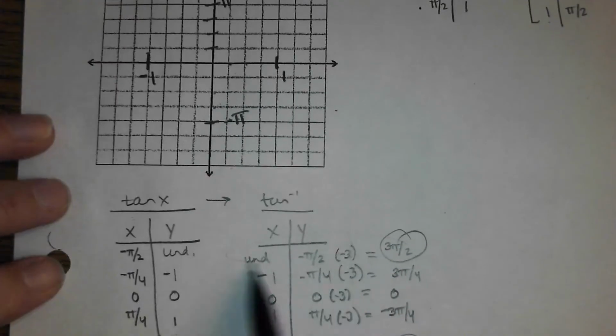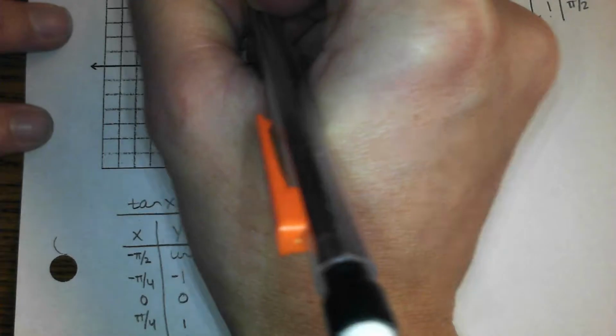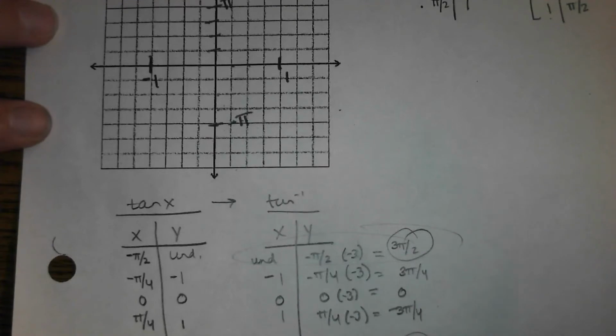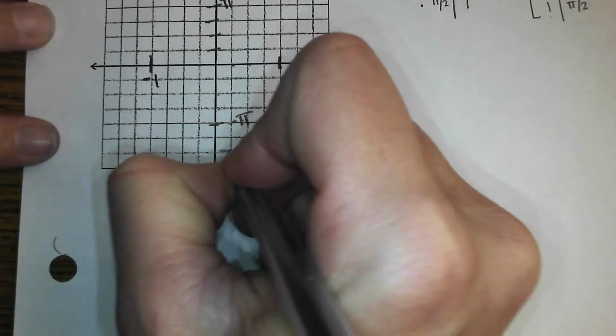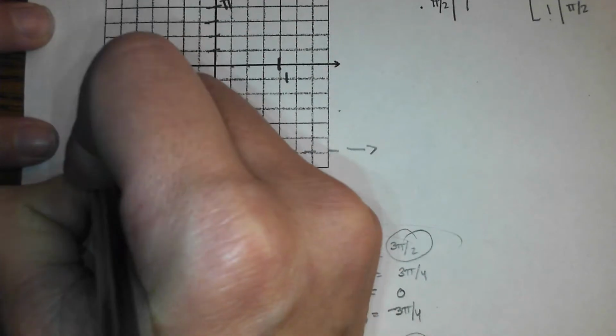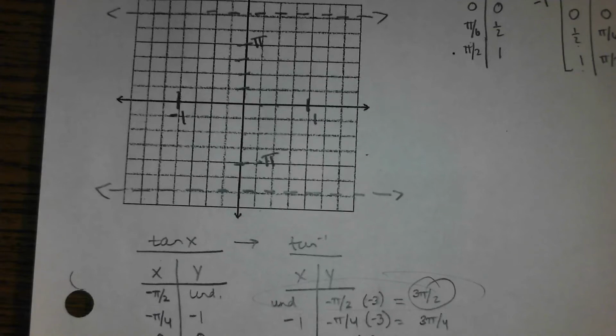I'm going to put an asymptote at y equals 3 pi over 2, which is 6 pi over 4 here. Right? 1 pi over 4, 2 pi over 4, 3 pi over 4, 4 pi over 4, 5, and 6. And also at negative 3 pi over 4.